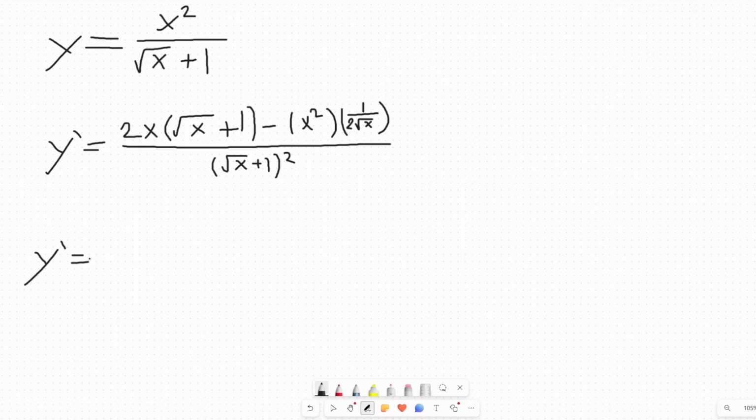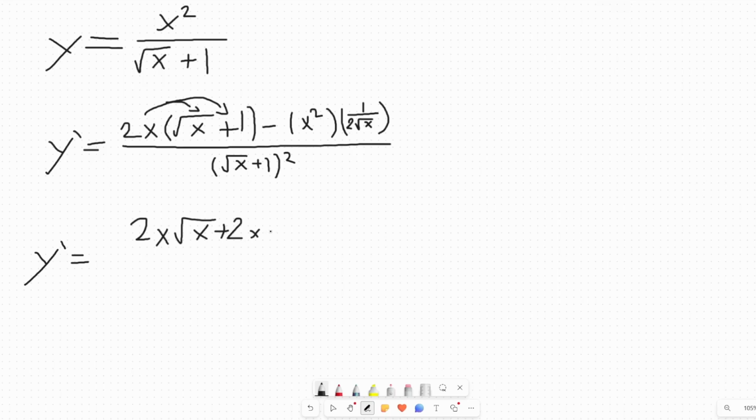So you get, in the simplified numerator, 2x root x plus 2x, because you just expand, so 2x times root x is 2x root x, and then 2x times 1 is 2x.